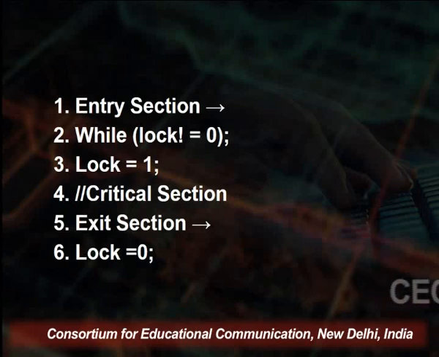That means the critical section is now occupied. After the critical section code is over, in the exit section the lock is again set to 0 by that particular process. So basically the initial value of lock is 0.